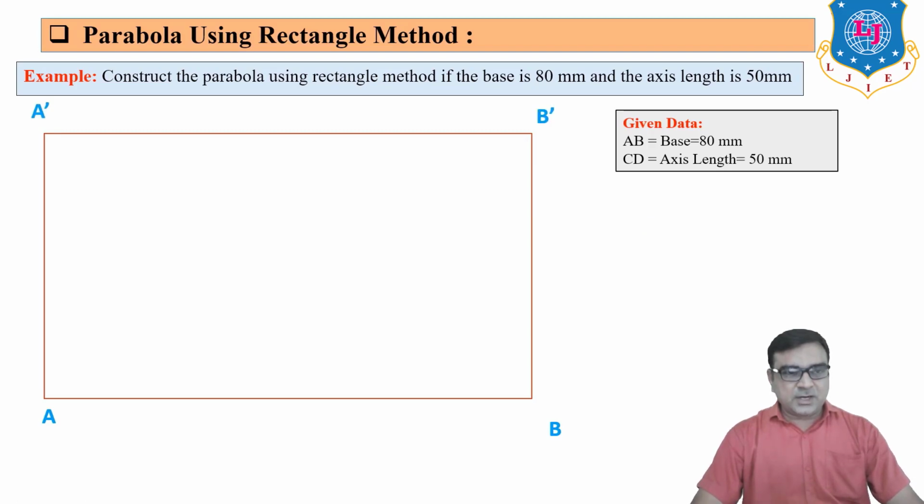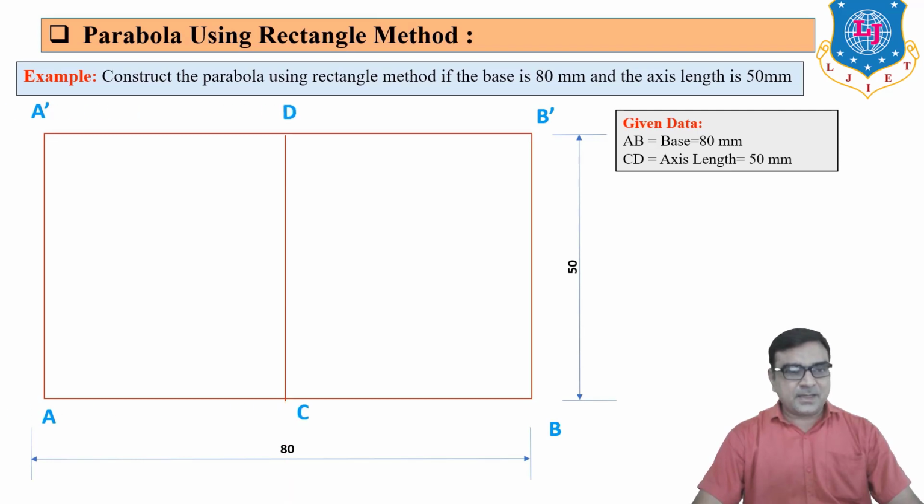So the four corners are A, B, A dash and B dash of the rectangle, with the 80 mm AB base and 50 mm axis length. Now from the midpoint C, you have to draw one line perpendicular to base AB. The length of this line is also 50 mm. So here the CD line, or the distance CD, 50 mm, is the axis length.